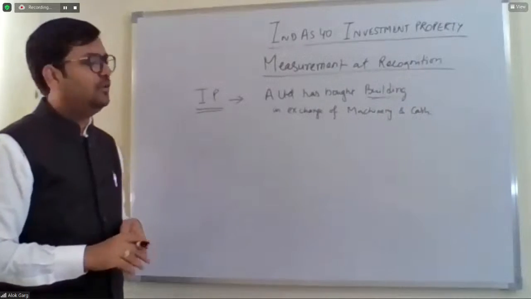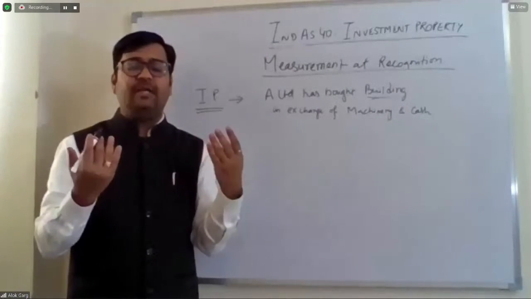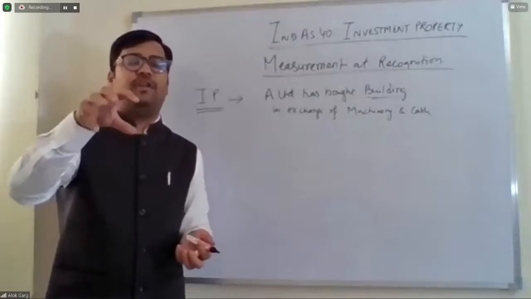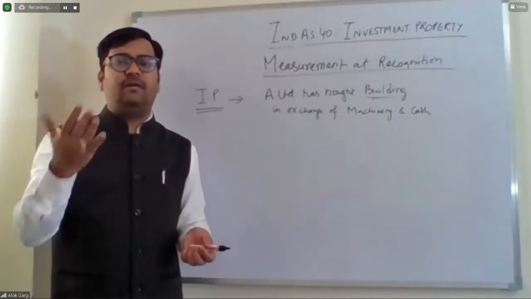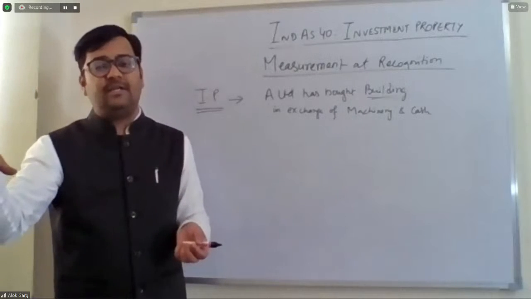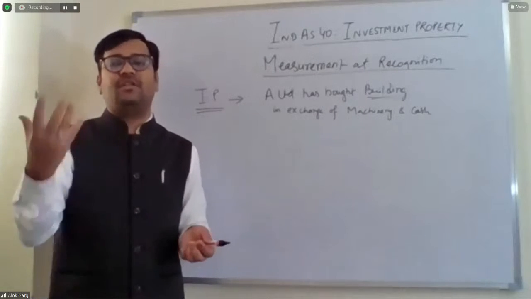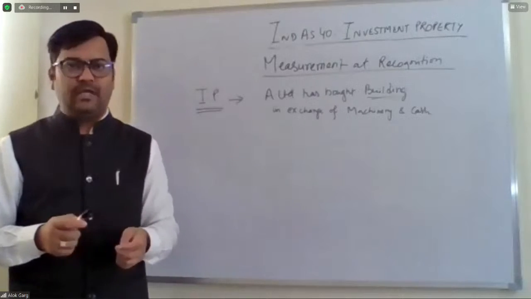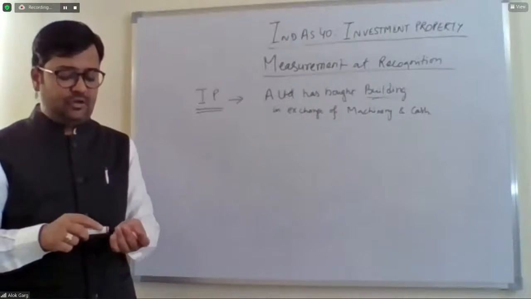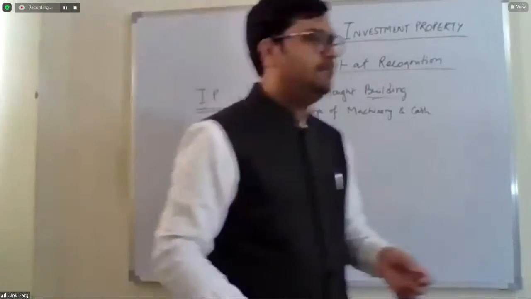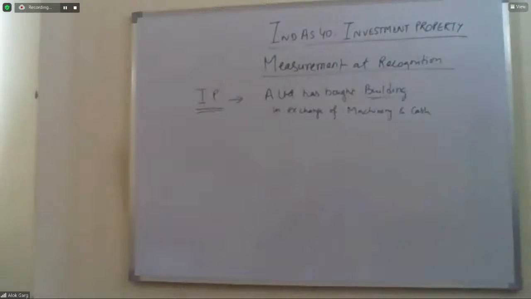Or it could be a scenario where A Limited has purchased a building and has given a machinery or a vehicle. So the exchange could be between a non-monetary asset and a non-monetary asset, or it could be a combination of non-monetary and monetary asset. This is known as an exchange of asset.